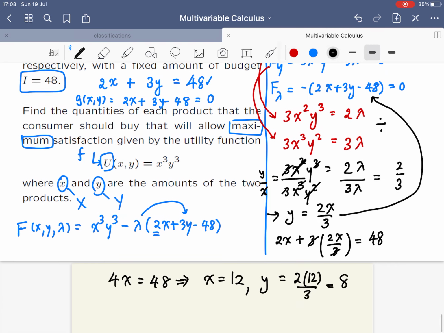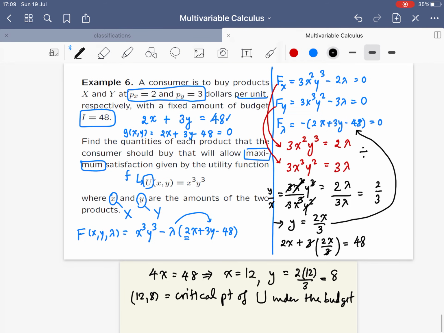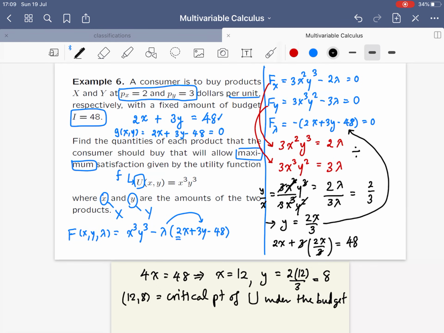So what does this mean? The 12 and the 8 are the critical point of the utility function under the budget constraint. However, as we told you, you got only a single critical point, and you need to find the maximum.